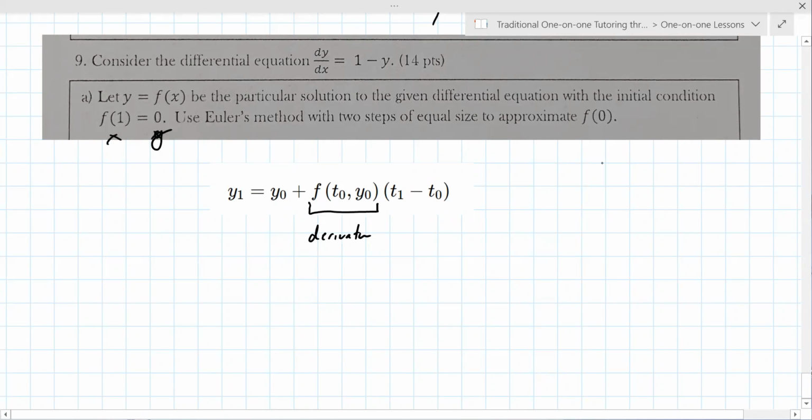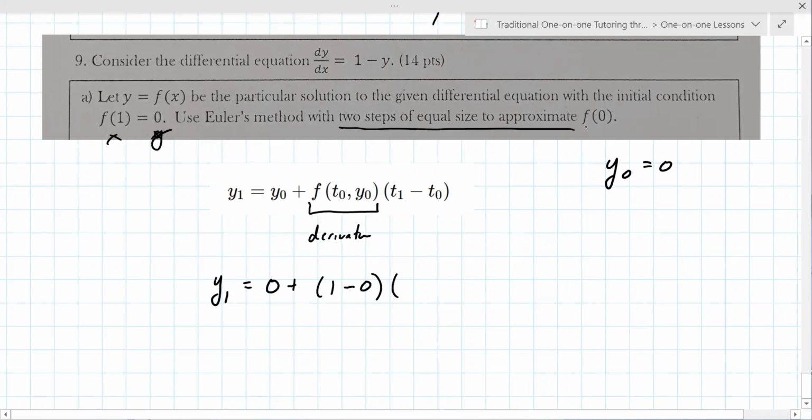So your y0 is 0, and so your y1 is 0 plus, and then you get your slope from up here. In your problem, it's going to be 1 minus whatever the y value is, which is 0, times the step size, of equal size. Usually they have to tell you.